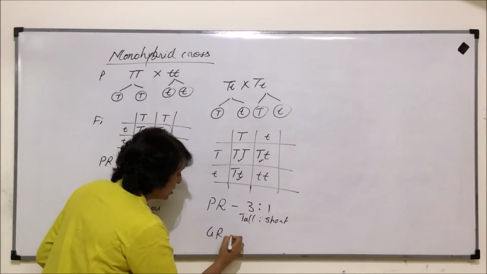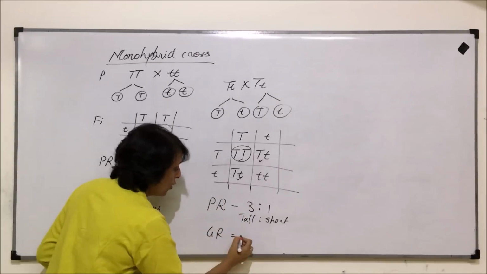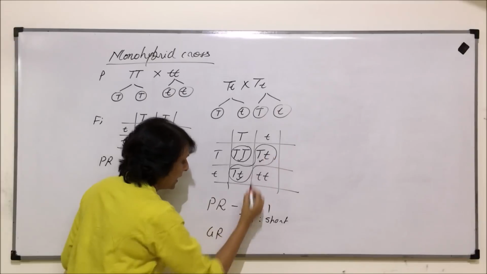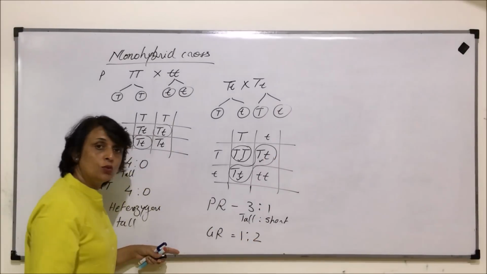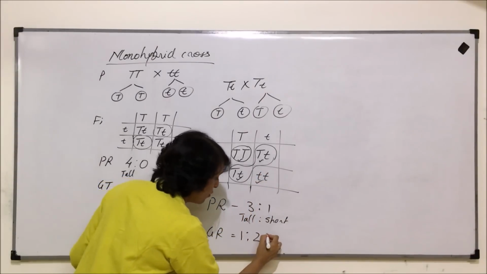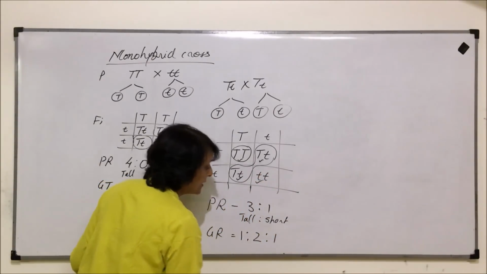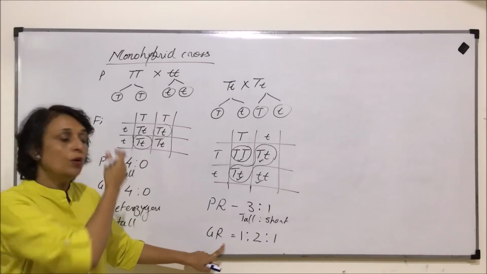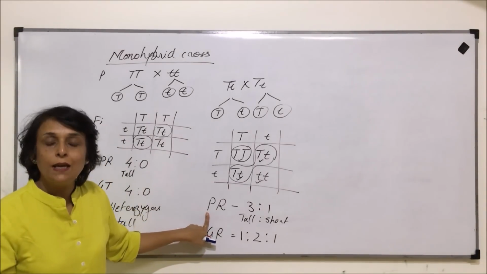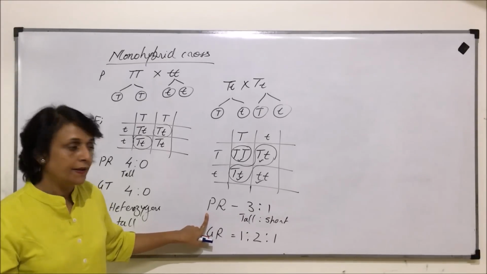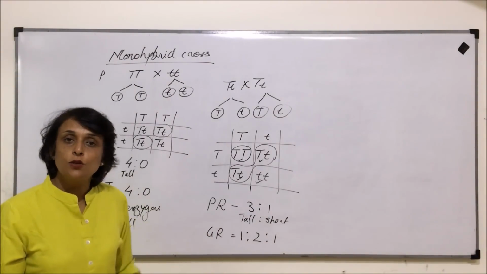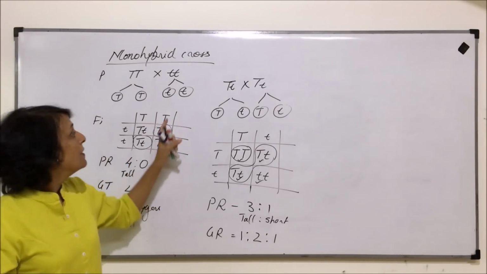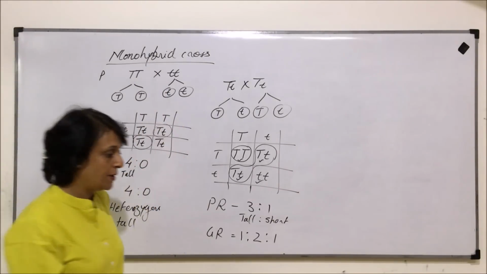This one is homozygous dominant, these two are heterozygous, so 1 is to 2, and the corner one is homozygous recessive. So the genotype ratio is going to be 1:2:1, whereas the phenotype ratio, on the basis of appearance, is going to be 3:1. This is what we get in a typical Mendelian monohybrid cross.